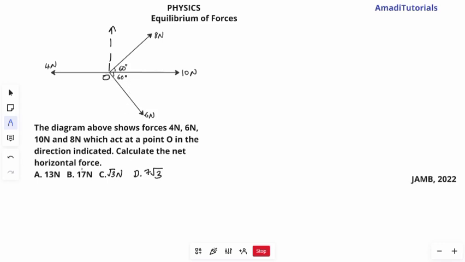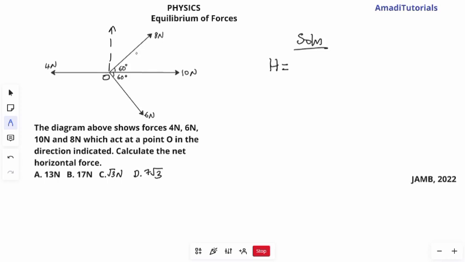So we calculate the net horizontal force. I'll use capital letter H to represent my net horizontal force. There are many ways to do this, but the easiest way I would explain is this.